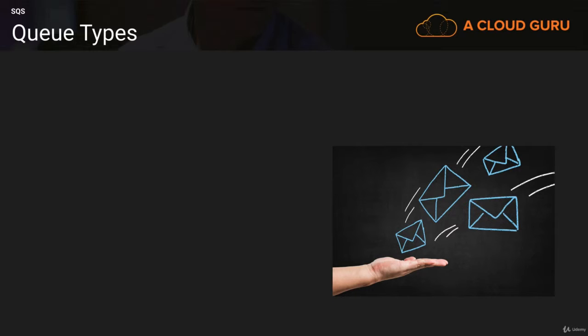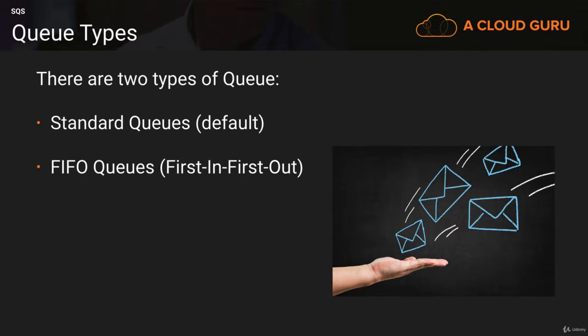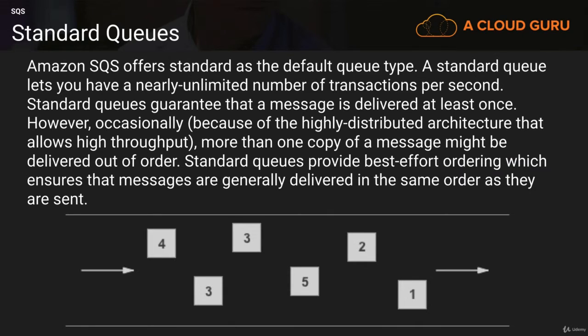And so let's move on. There are 2 different types of queues. There's the standard queues, and now there's FIFO queues. And FIFO queues actually only just came out last year. So let's start with standard queues. SQS offers standard as the default queue type, so by default all queues would be a standard queue, and the standard queue lets you have a nearly unlimited number of transactions per second.